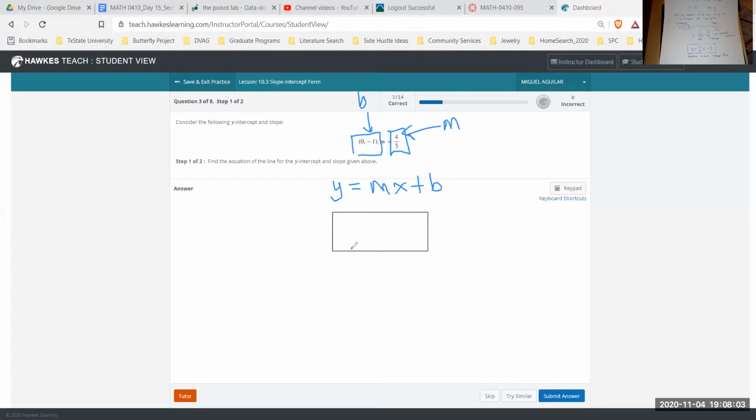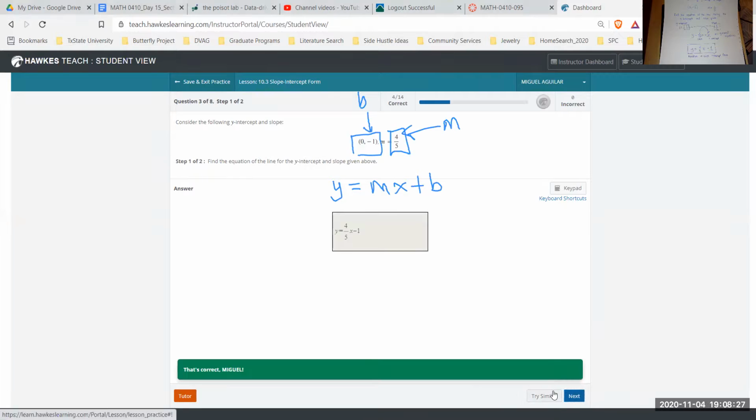So I'm just going to type into the box y equals, and then I need a fraction because I need 4/5 x, not plus, -1 because that's what b is, and then submit the answer. So we should write that on our piece of paper as 4/5 x minus 1.